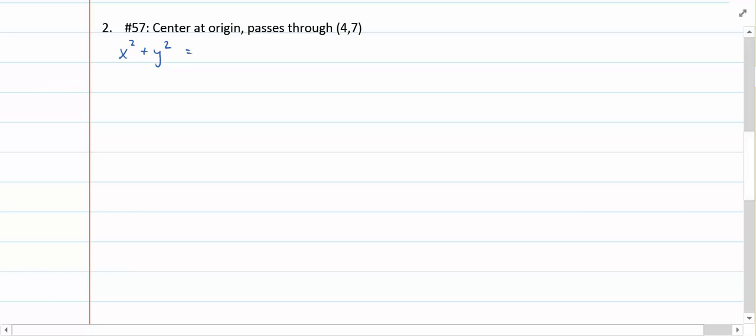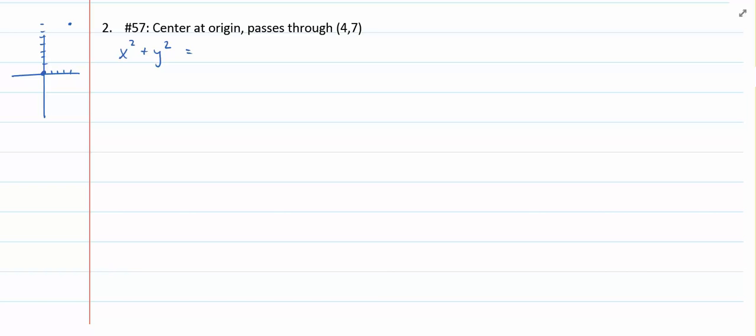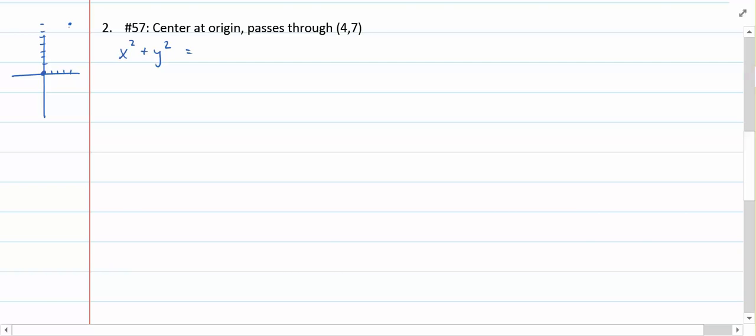Now, if I had a sketch of what that might look like, here's an x and y coordinate grid with the center here, and then we have the point (4, 7). So 1, 2, 3, 4, 1, 2, 3, 4, 5, 6, 7. We're somewhere up here, and that circle has to go through those 2 points. It's centered here, and it's going to come around that origin here.